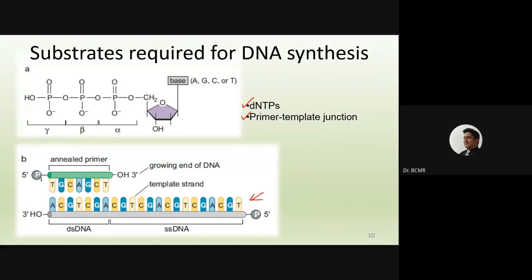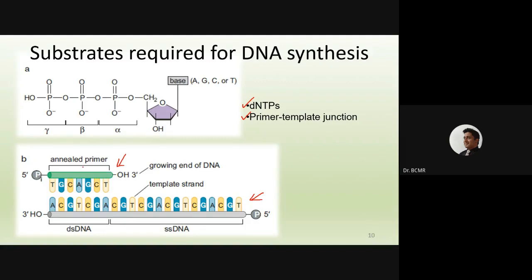This is the template. The purpose of the template is to dictate the sequence of bases in the polymerizing strand. And the purpose of the primer is to provide a 3 prime OH like this. Why is that required? Because DNA polymerase cannot initiate replication randomly anywhere.